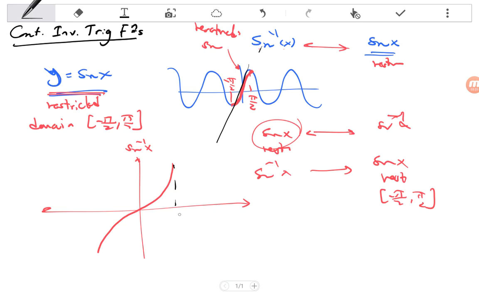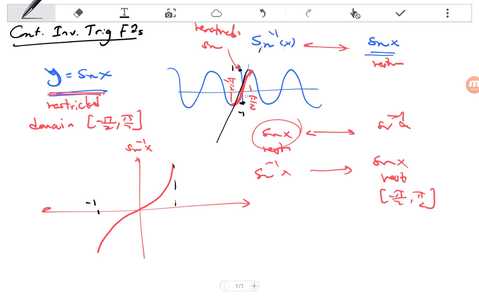When you look at it, the values that are on the y-axis, from negative 1 to 1, will be on the x-axis. We learned that for an inverse function we interchange x and y.